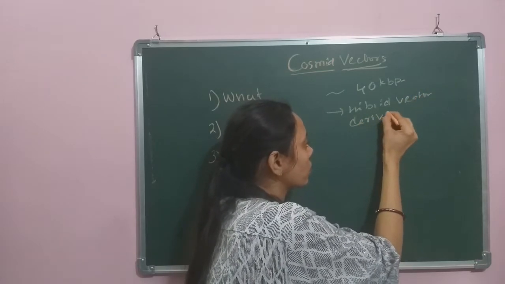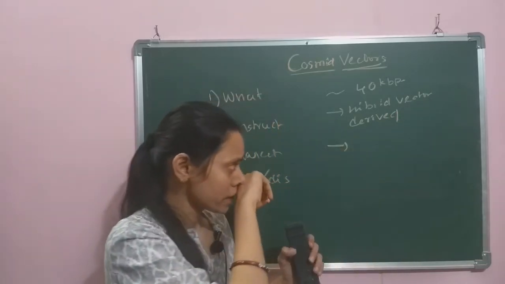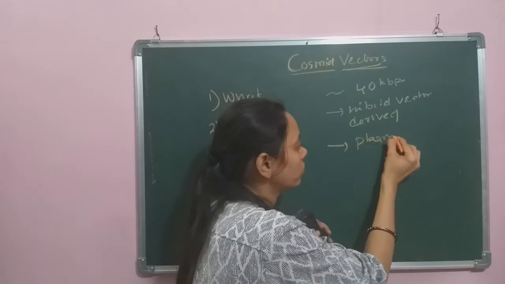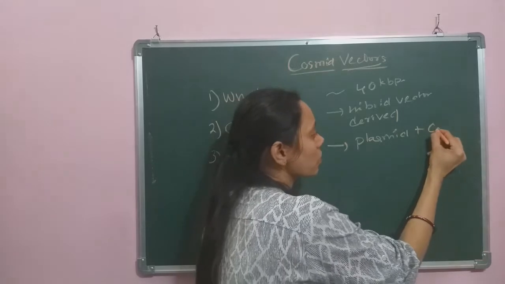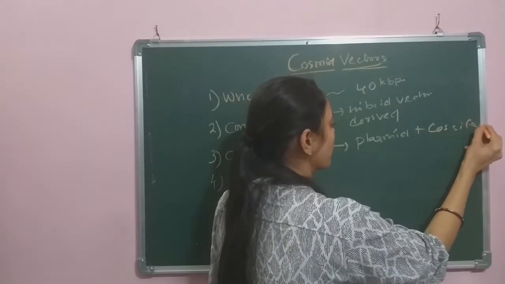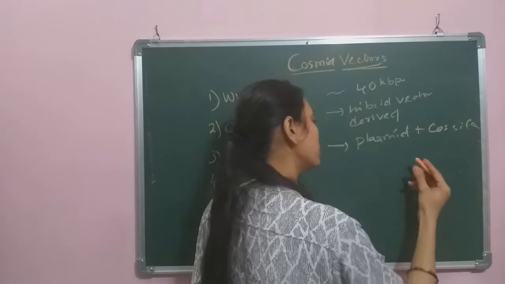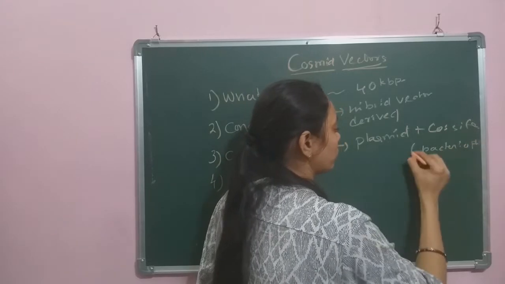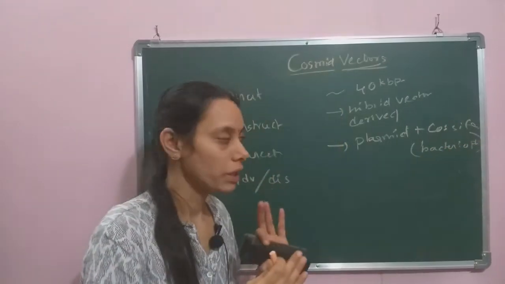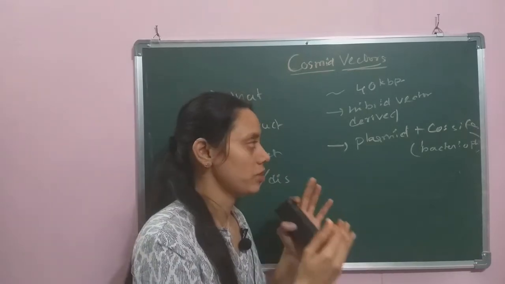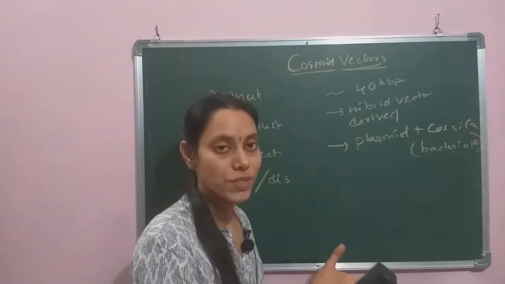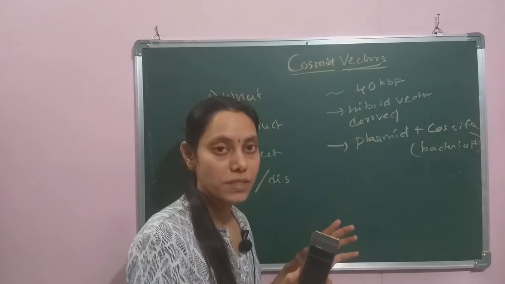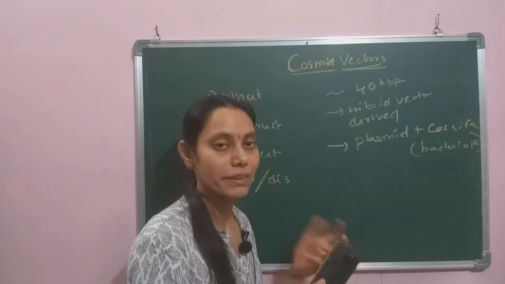They are not natural vectors, but are prepared by using a plasmid vector combined with cos sites obtained from the bacteriophage. By combining the plasmid DNA with the cos sites obtained from the bacteriophage DNA, the transformation efficiency is increased and the size of the insert, that means the carrying capacity of the cosmid vector, is increased.